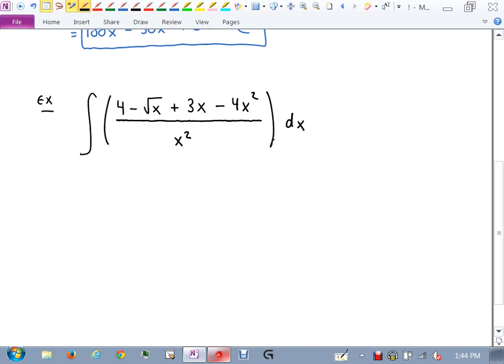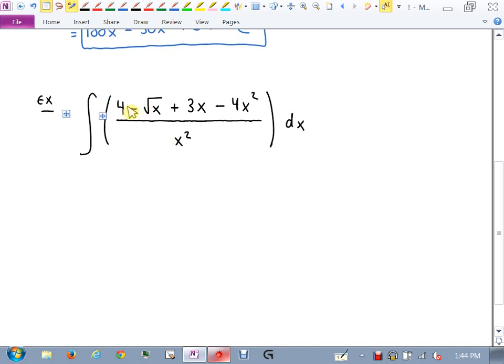Can you or can you not? You'd say yes? No. I'll say yes. You can. I mean, algebraically, if you have multiple terms on top and a single term on the bottom, you can break it up into separate fractions.